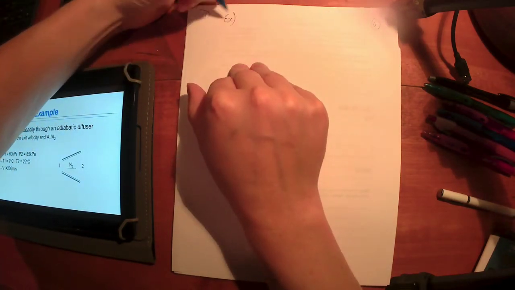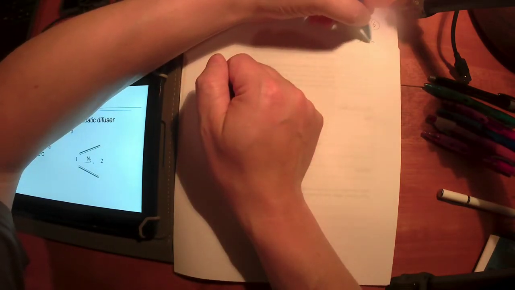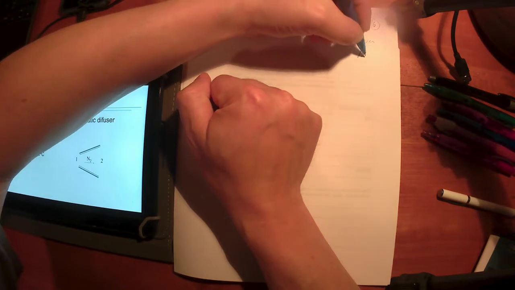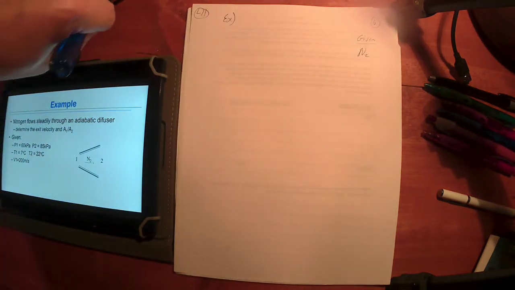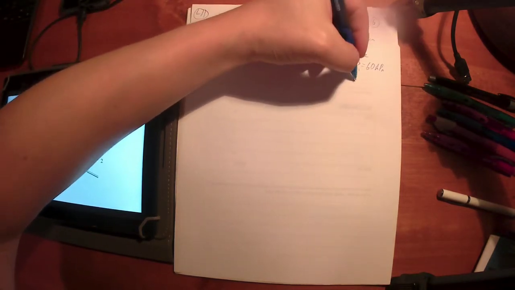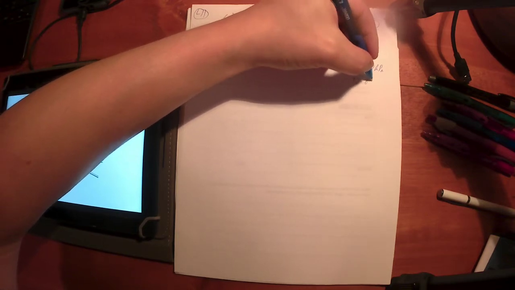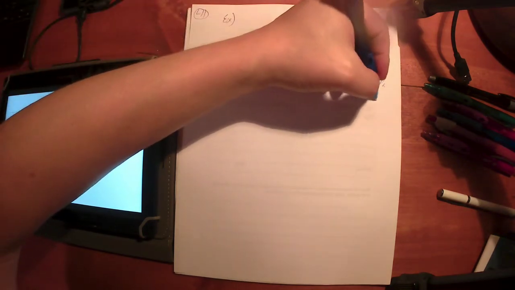Another example. Okay, again, givens here. What do I know? They told me it's nitrogen gas. It's a diatomic gas, N2 gas. They've given me an inlet pressure. They've given me an exit pressure. They've given me an inlet temperature, 7 degrees Celsius.